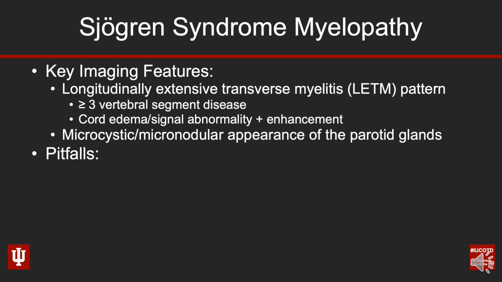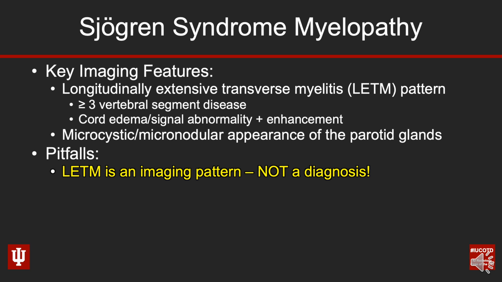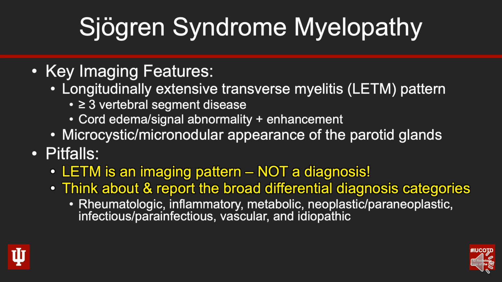In this case also, an important feature was to recognize the abnormal appearance of the parotid glands with that microcystic or micronodular appearance and fatty replacement, very typical of Sjögren syndrome. A couple pitfalls to keep in mind. As I said before, I'll stress it again, longitudinally extensive transverse myelitis, it's an important imaging pattern, but it is not a specific diagnosis.